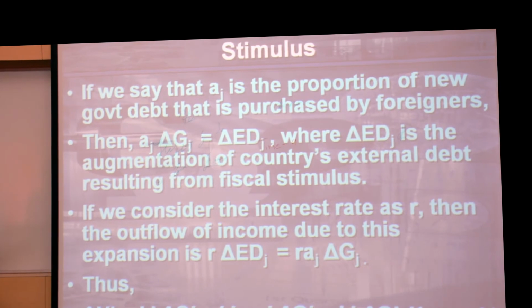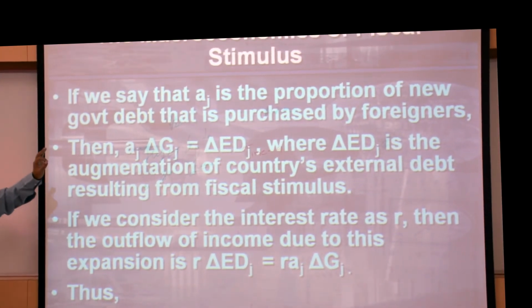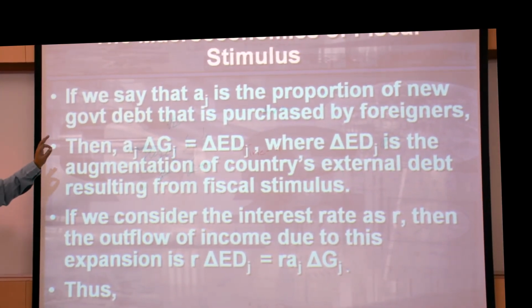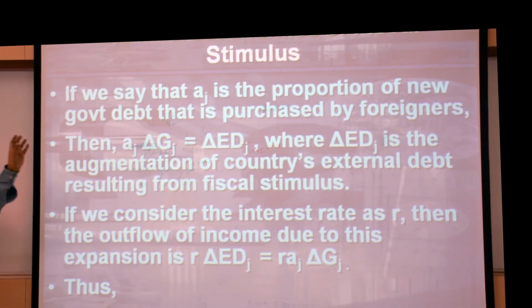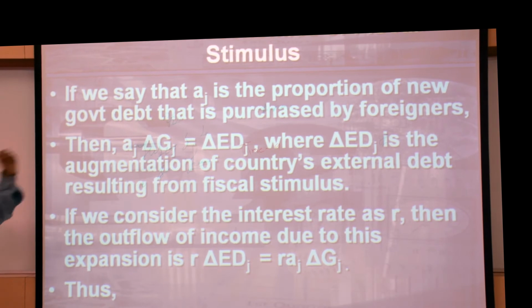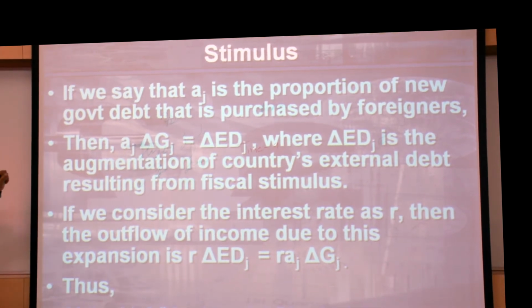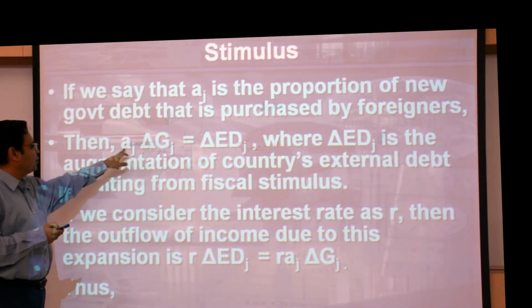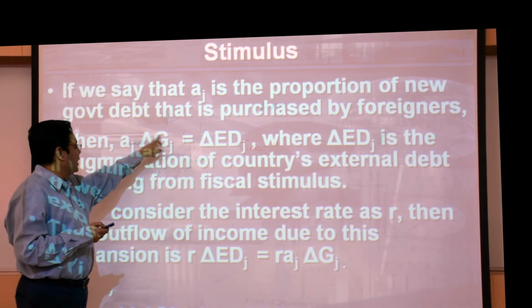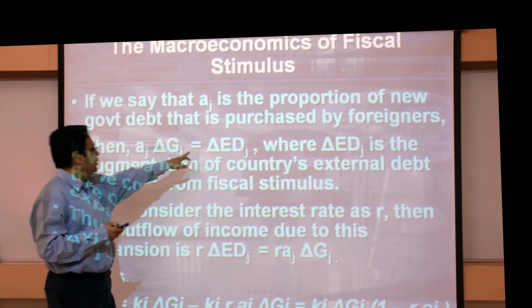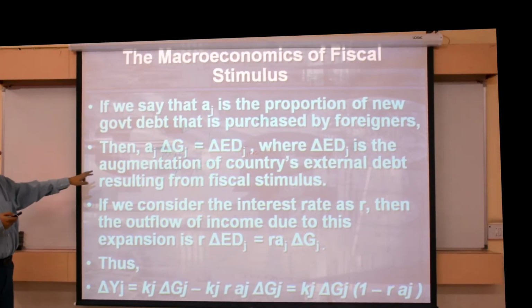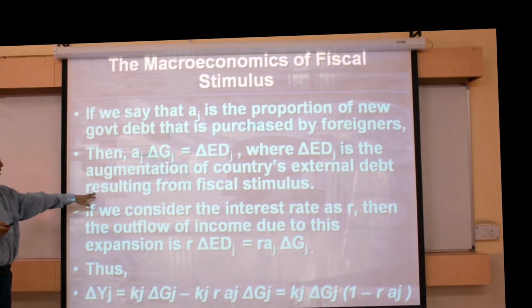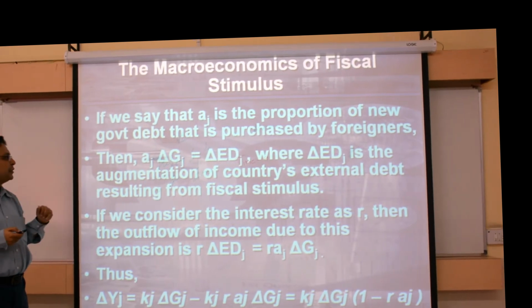Now, if we say that AJ is the proportion of new government debt that is purchased by foreigners, of all the government debt, let's say some proportion AJ is purchased by foreigners. Then this proportion AJ into the entire government spending is equal to delta EDJ, where delta EDJ is the augmentation of the country's external debt resulting from fiscal stimulus.